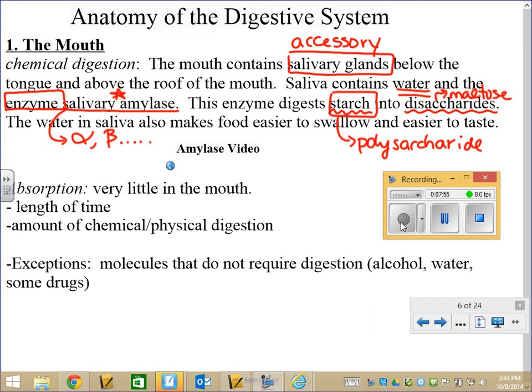The other thing that I wanted to mention about the enzyme is that it speeds up hydrolysis. It does not make hydrolysis happen. It does not itself break the starch in 2.